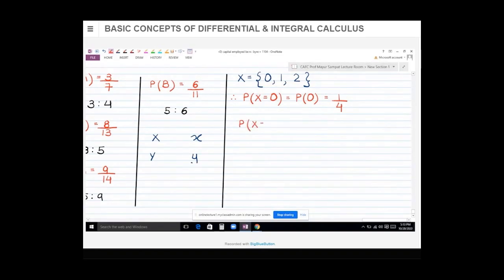Later on reducing, the answer will become 1 by 2. Probability of x is equal to 2 is equal to p of 2, and that answer will become equal to 1 by 4.